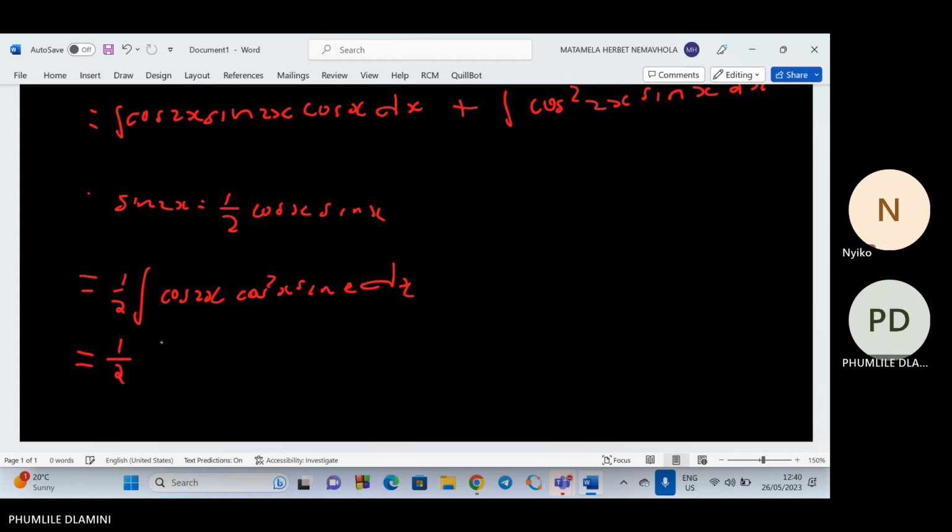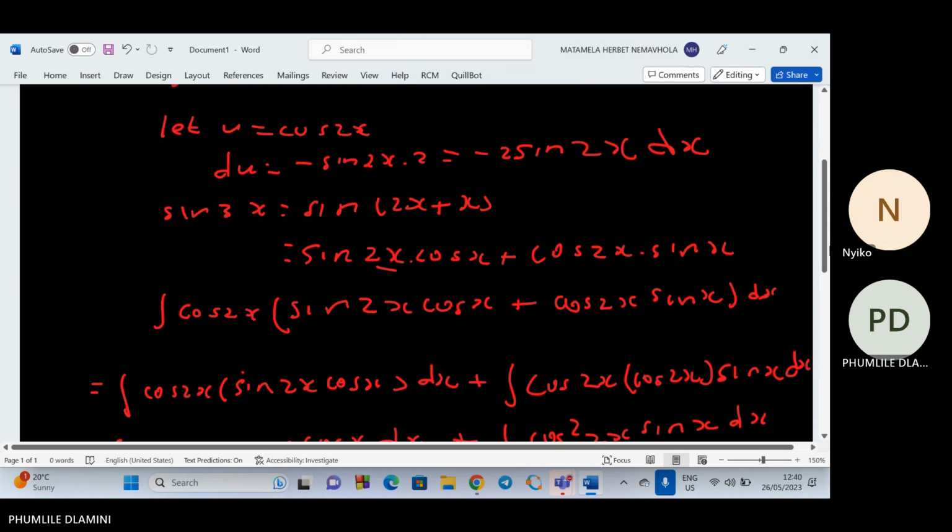1/2 integral of cos squared, which we can write as cos to the power 4 x sine x minus sine cubic x cos squared x, everything dx. We are just taking this part, only this part.